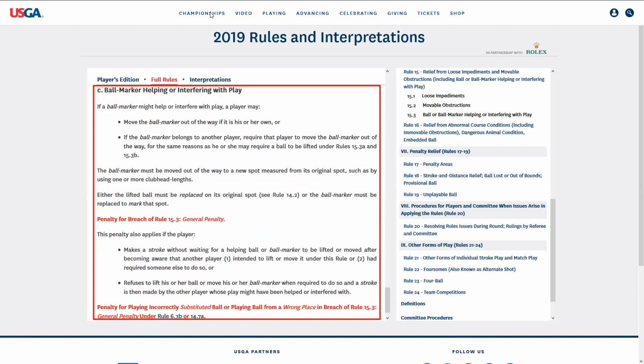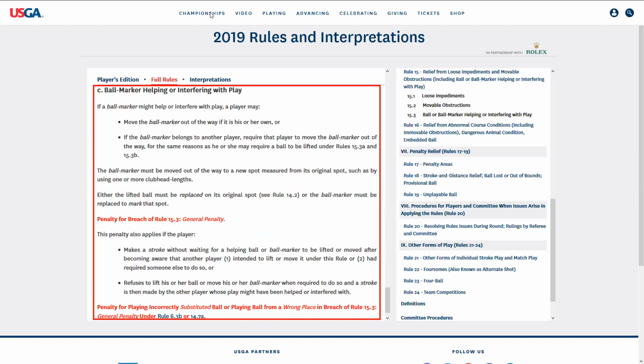So if a player says, would you mark your ball, and before it can be marked, you then make your stroke, you're going to get a 2-stroke penalty. Or if you refuse to lift his or her ball or ball marker when requested to do so, and a stroke is then made by the other player whose play might have been helped or interfered with. So in other words, if someone requests you to lift your ball, you have to do it. If you don't, it's a 2-stroke penalty.